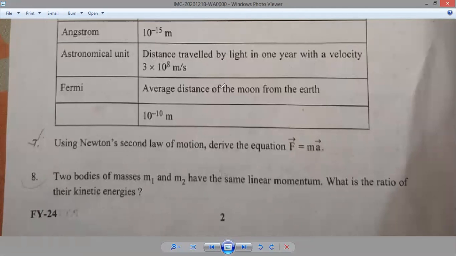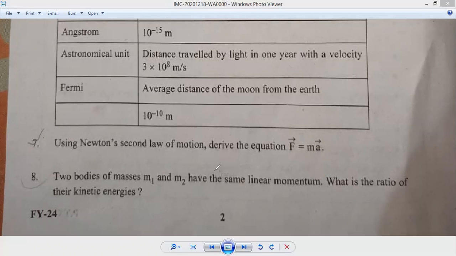We know the equation of kinetic energy in terms of linear momentum, so we can write kinetic energy in this equation. Now look here. Two masses m1 and m2 both have the same linear momentum. So here momentum p is constant. The only thing that is changing is the mass. And from this expression, it is clear that kinetic energy is inversely proportional to the mass.